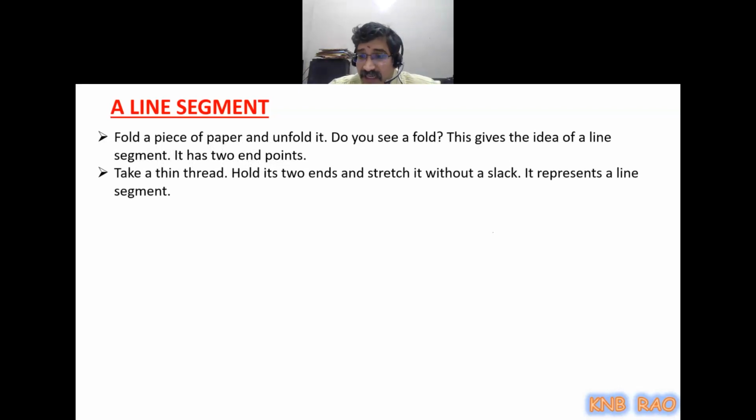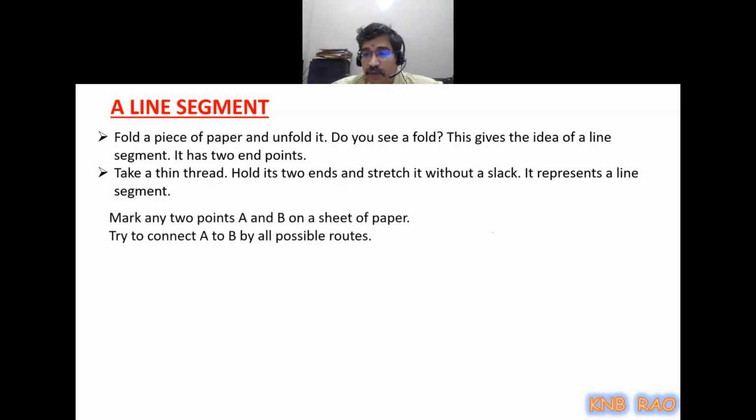Then it gives an idea of a line segment. Since it has two endpoints and is straight, the property of straightness will be there. That's why I said a line segment is part of a line which has two fixed endpoints.